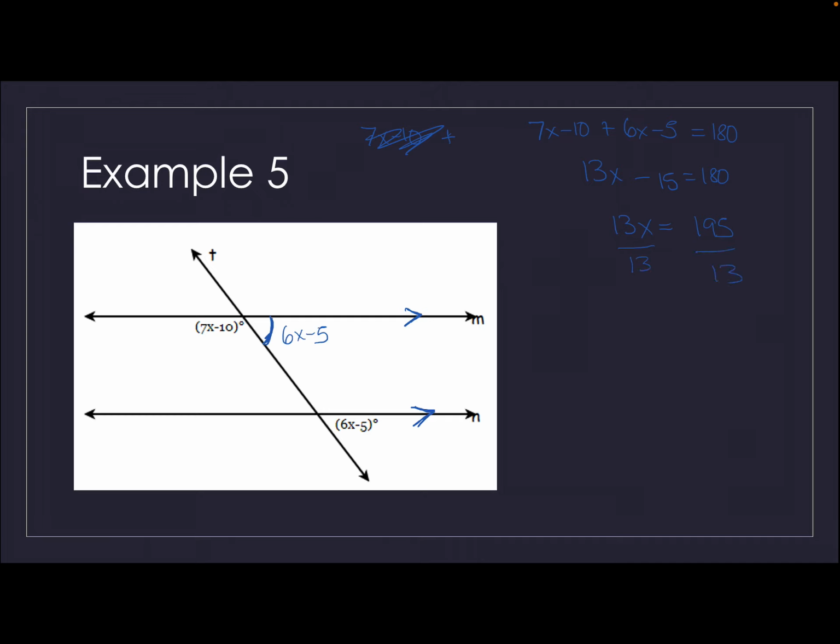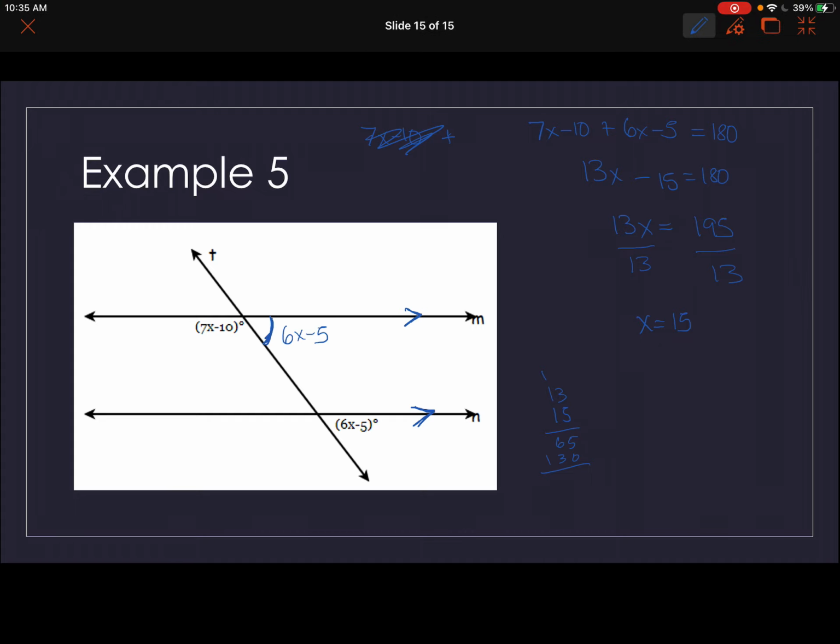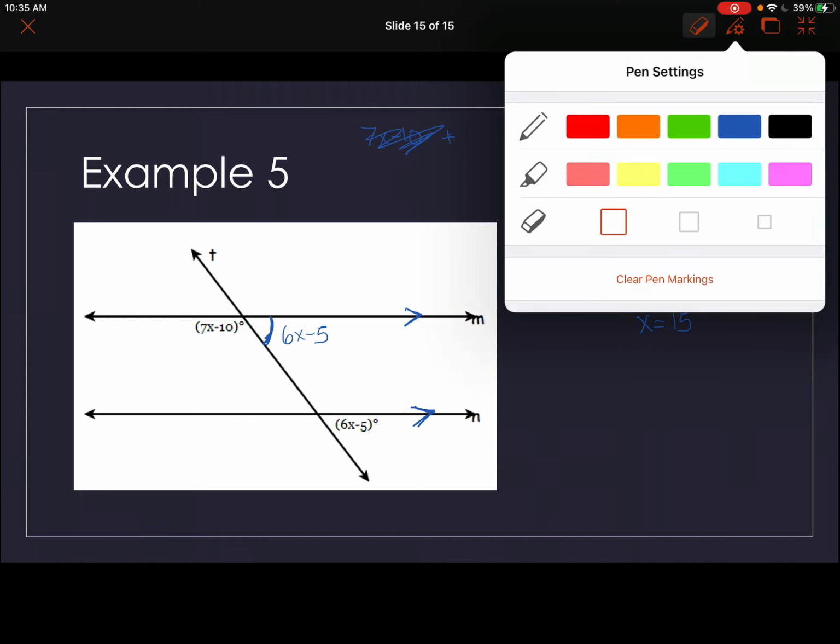Let's see, 13 goes into that 10 times, then you got 65 left over. So let's go with 15. So x equals 15. Let's actually make sure that's right. 15 times 13 is 195. So x equals 15.